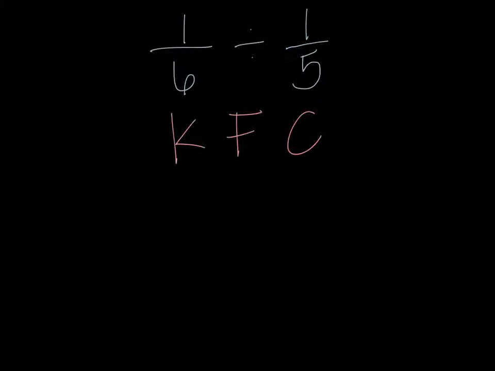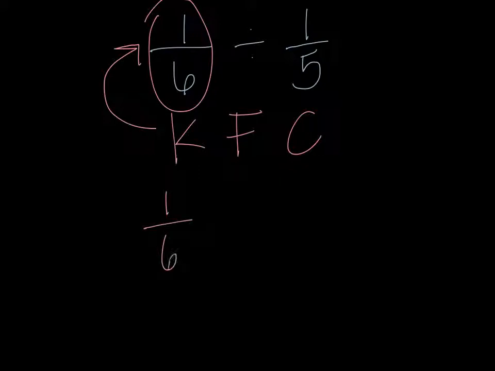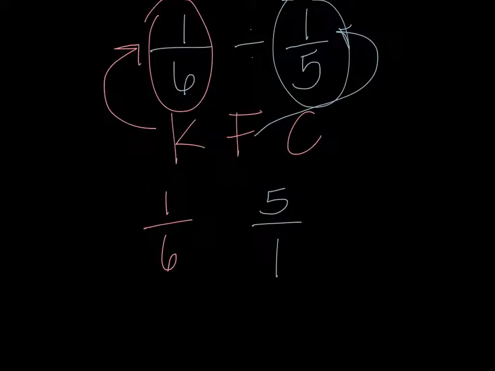Now let's try 1/6 divided by 1/5, and I'm going to use my KFC method. K means keep the first fraction. Keep it 1/6. Flip the second fraction. It was 1/5, now it's going to be 5/1.